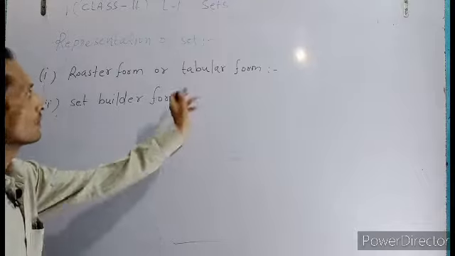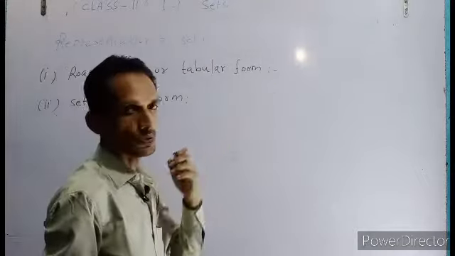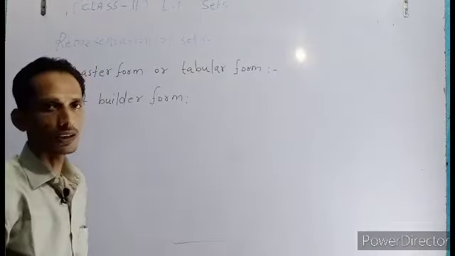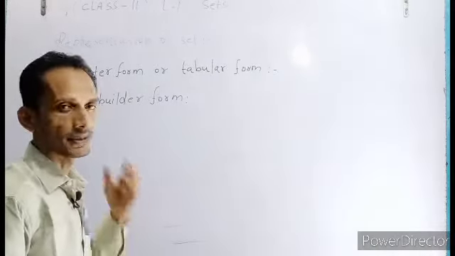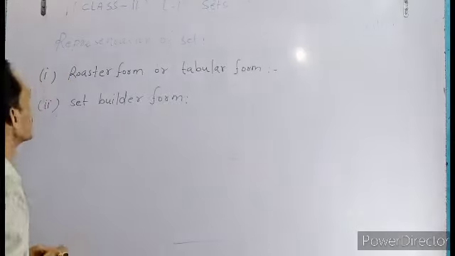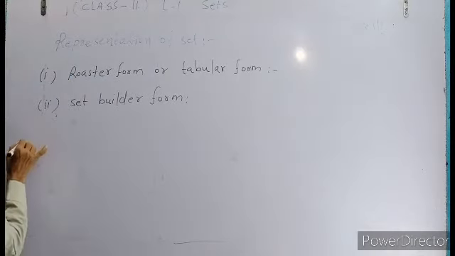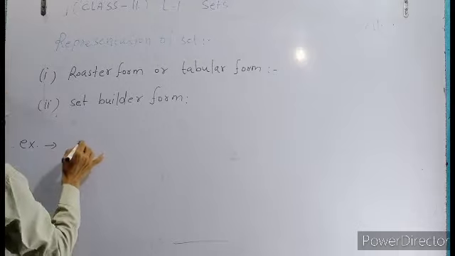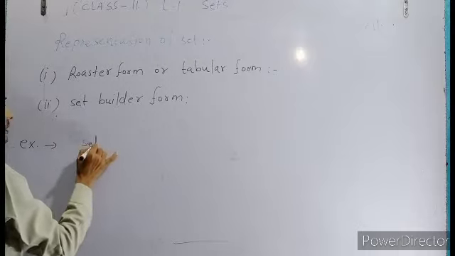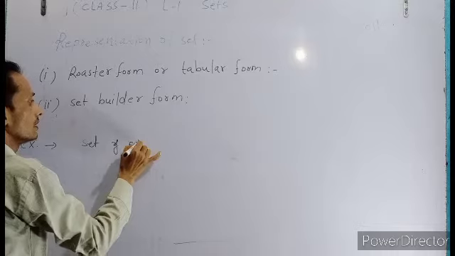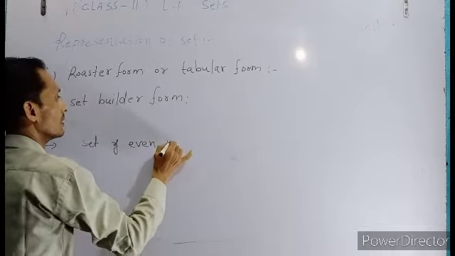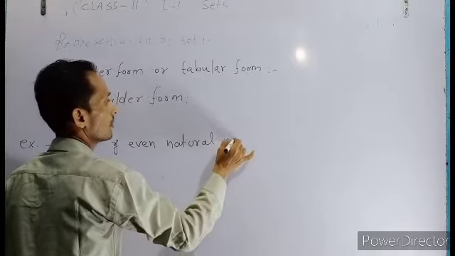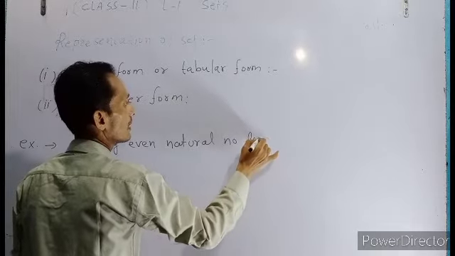In roster form or tabular form, we write the elements separated by commas inside curly braces. For example, the set of even natural numbers less than 10.